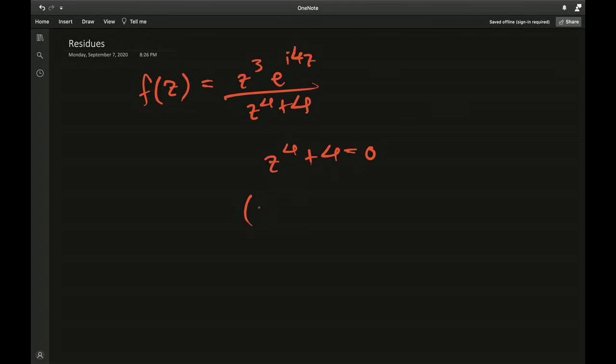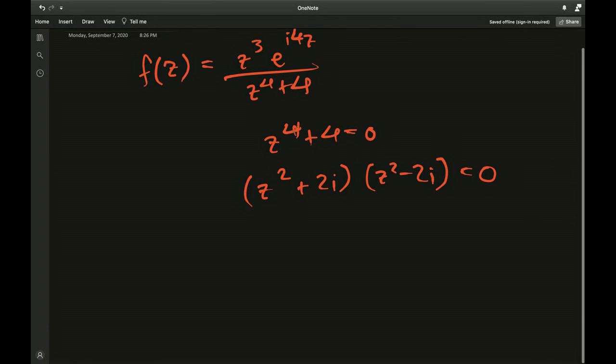and we can write this as z squared plus 2i, z squared minus 2i is 0, but since it was of order 4, we need to have 4 roots. We just have 2. Let's use the difference of squares identity again.